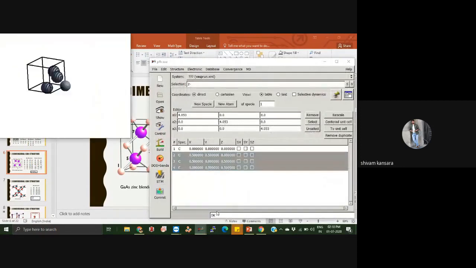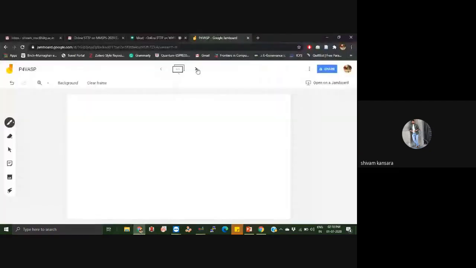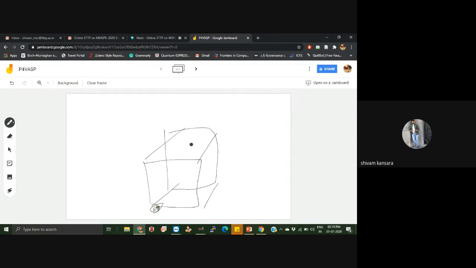see, in this crystal system, like this is a cubic. This first one is known as 0, and this last one is known as 1.